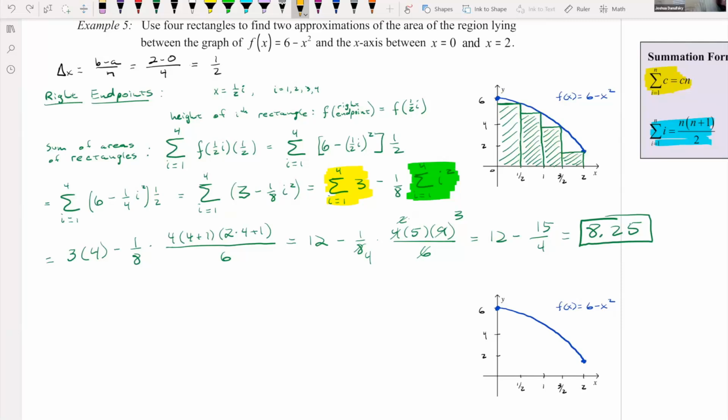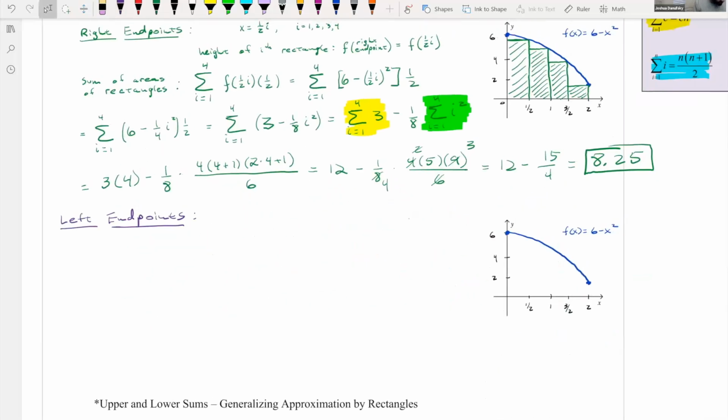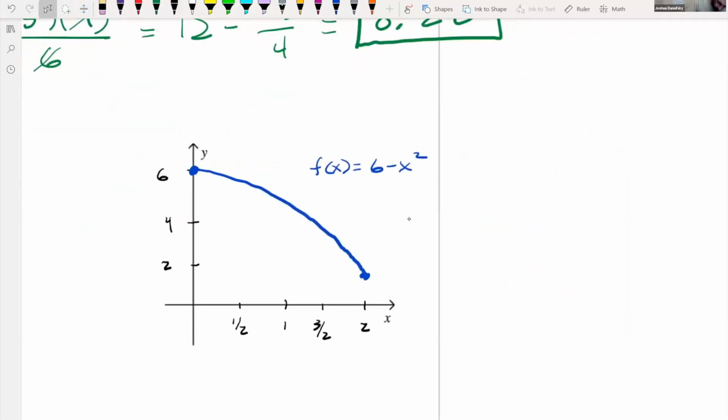So now let's go ahead and look at left endpoints. So what are the left endpoints going to look like? Well, let's start here. If we look at our first subinterval, we're looking at the left endpoint, which is going to be right there on the y-axis, going up to there. We're getting the height of our rectangle like that.